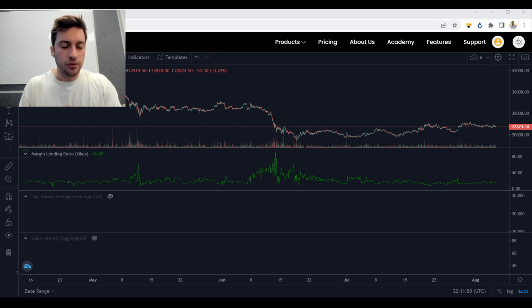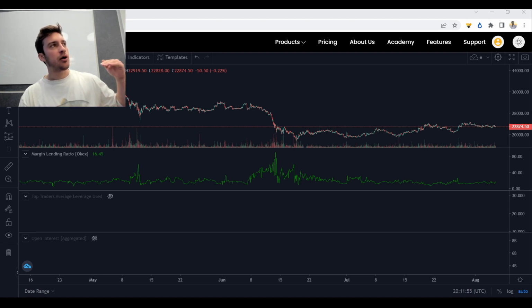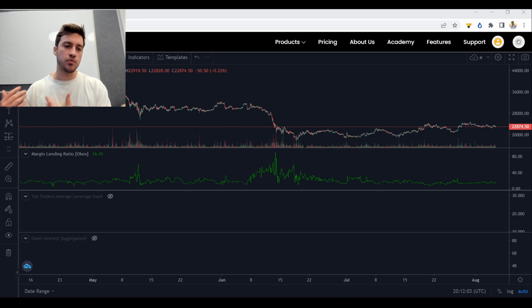So what the margin lending ratio tells us is how many dollars' worth of USDT is being borrowed and lent, versus how much BTC is being lent. The numerator is how much USDT is being lent, and the denominator is how much BTC is being lent.